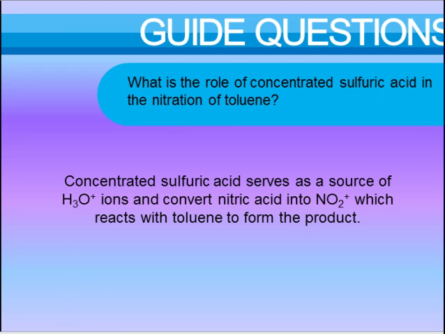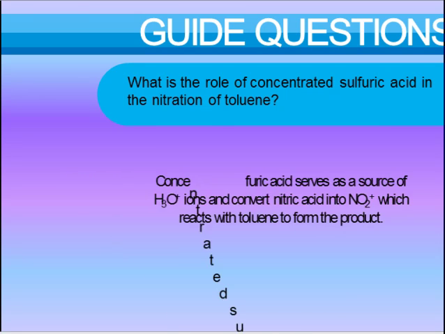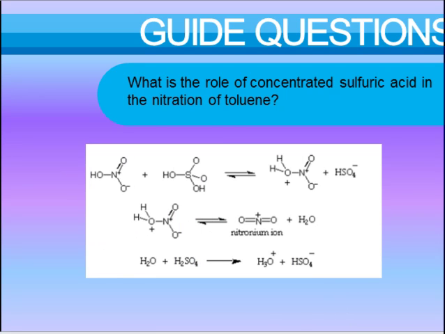What is the role of concentrated sulfuric acid in the nitration of toluene? Well, concentrated sulfuric acid allows the conversion of nitric acid into nitronium ions, which in turn nitrate toluene. Here we see the mechanism of the reaction of the sulfuric acid with the nitric acid. When nitric acid is combined with sulfuric acid, it releases a hydrogen ion and the hydroxy part of the nitric acid accepts it.